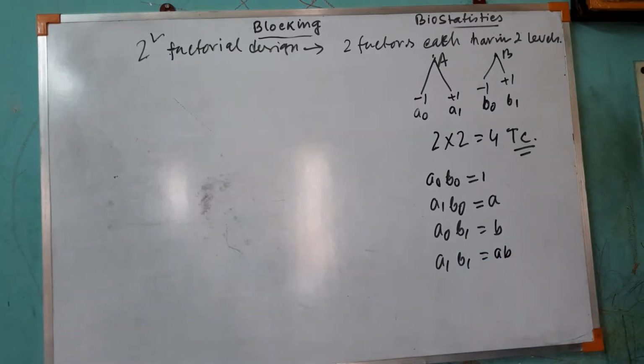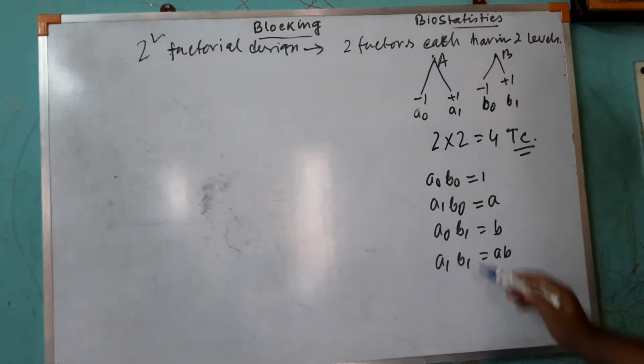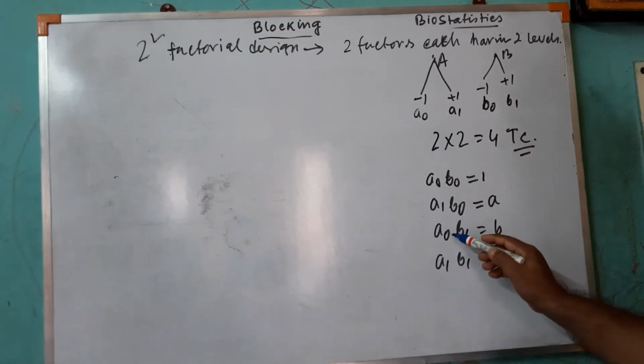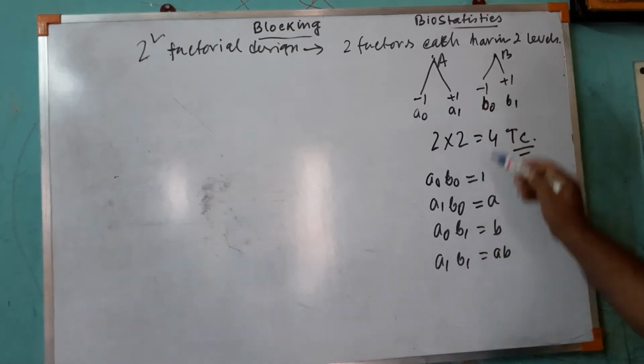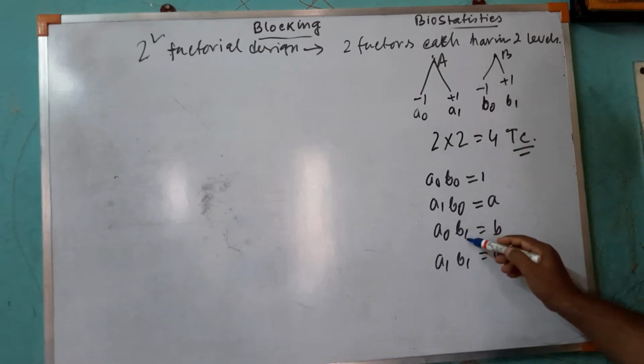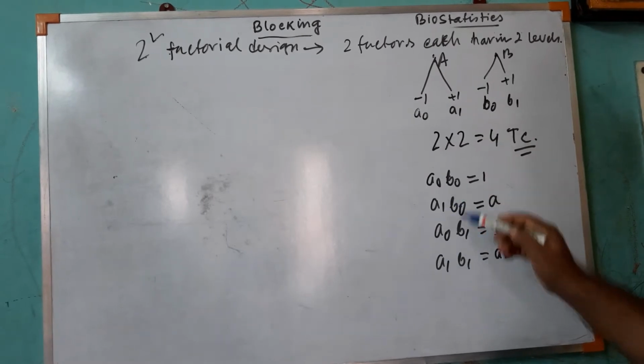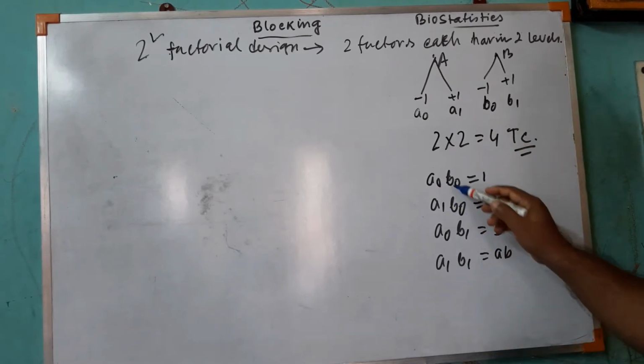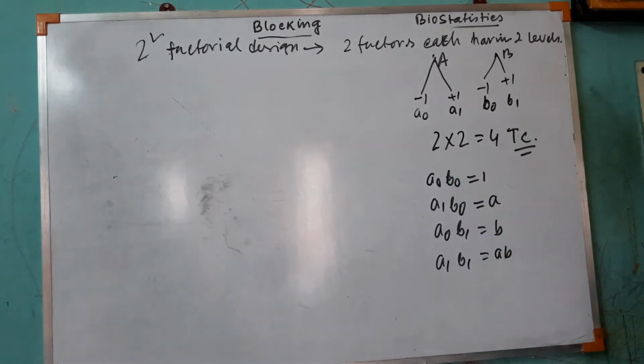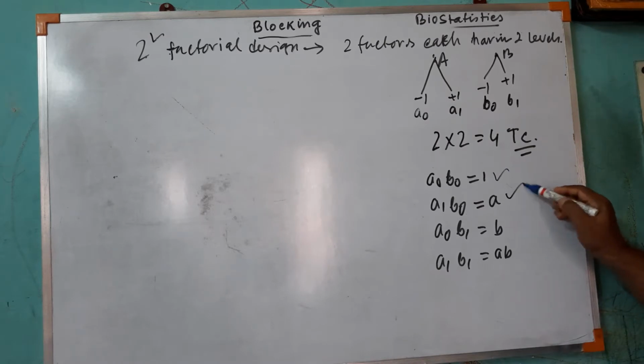A1, B1 means both at higher level. A0, B1 means factor A having lower level and factor B having higher level. A1, B0 means factor A having higher level, B having lower level, and A0, B0 both are at lower level. These are the 4 treatment combinations, 1, A, B and AB.